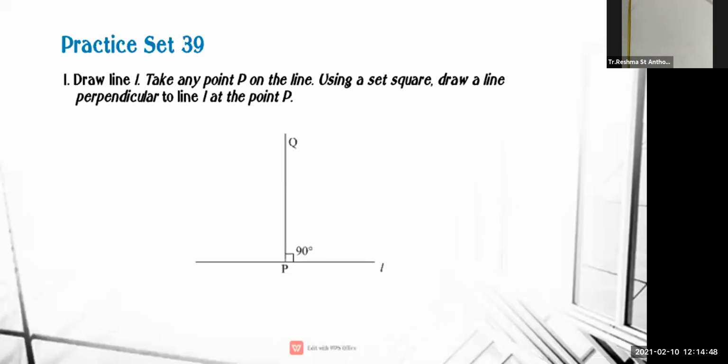With the help of a scale, first, there is no measurement given, so you are not going to measure anything. Here you are going to construct a line.